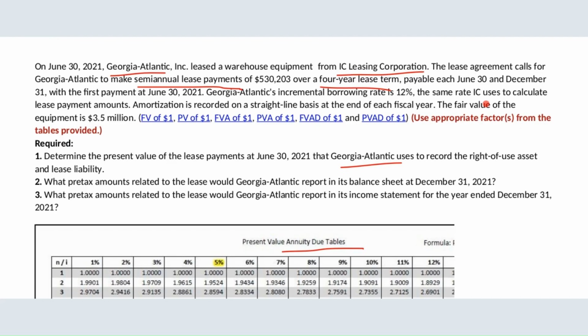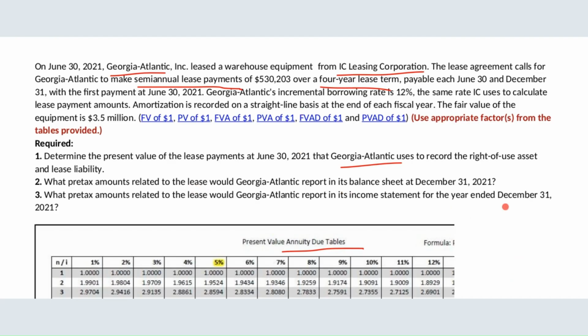So in this case, did they give us a useful life for this asset? Amortization is recorded at the end of each fiscal year. Is its useful life 4 years also? This is a 4-year lease term. I guess so. Okay. All right.